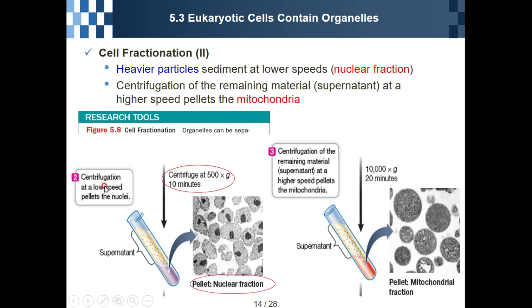Centrifugation at lower speed pellets the nuclei. After we centrifuge at 500 xg, we get two fractions: one is the pellet, the other is the supernatant. In the pellet, most of the component is nuclear.